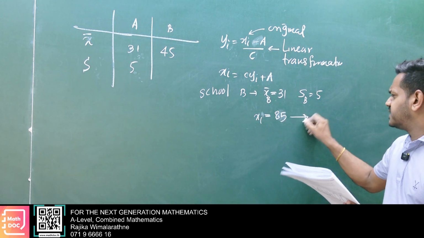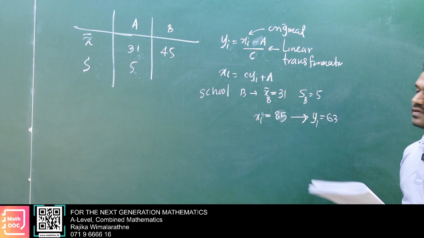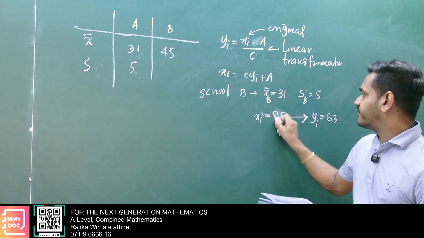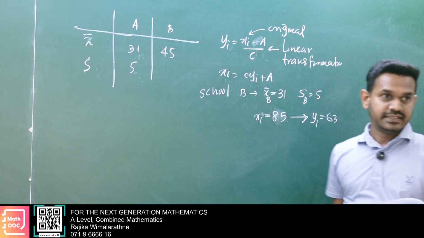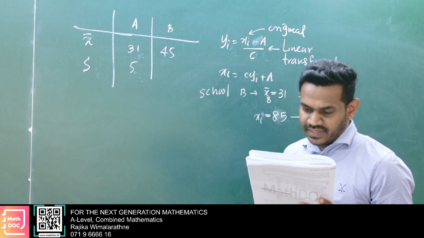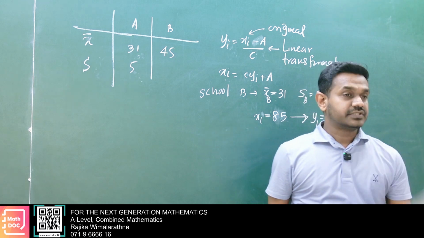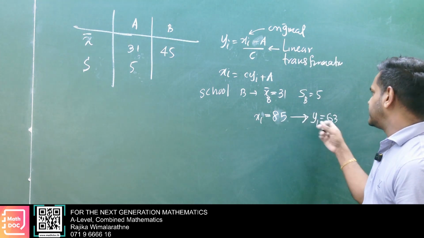Here the original value 85 becomes the transformed value 63. Find the linear transformation and hence find the original standard deviation of school B. Okay, then x1 becomes 63.